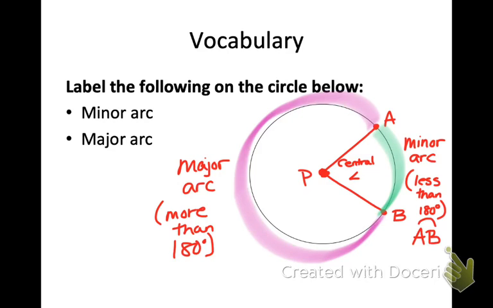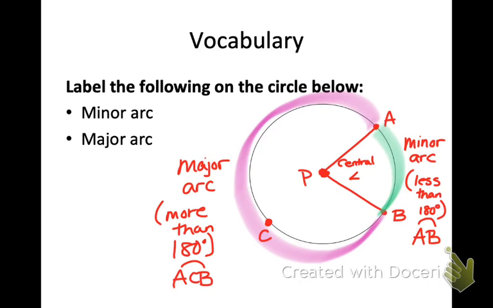If you were to name a major arc, you're going to need to have 3 points. So let's add a third point of C over here. So if I want to name the purple arc, or pink, whatever color you guys see, that would be arc A going through C, ending at B. So arc ACB.